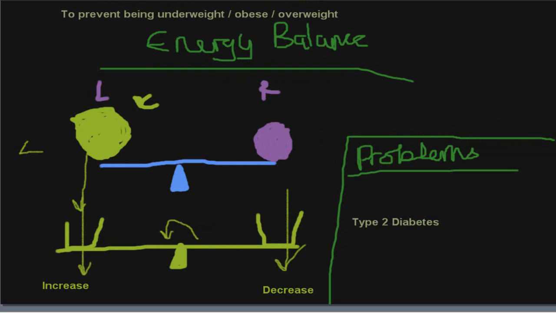This is a really messy thing, but to prevent being underweight, obese, or overweight, you have to have a good energy balance, which basically means the amount of energy you take in, the amount of food you take in, and the amount of energy you use is balanced.